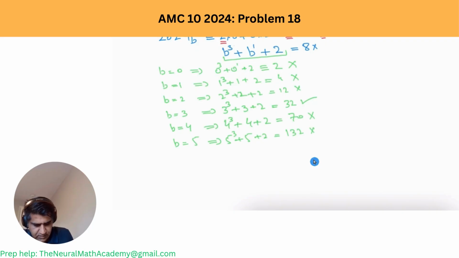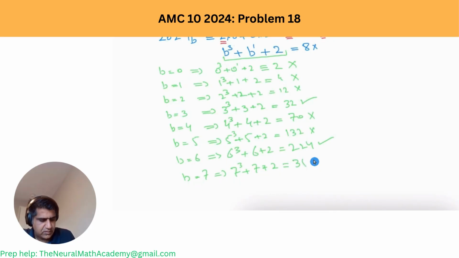Now let's check 6. So if I solve for 6, then I get 216 plus 6, and 224. That is divisible by 8. So now let's check 7. So then I would get 352. So that is also divisible by 8.